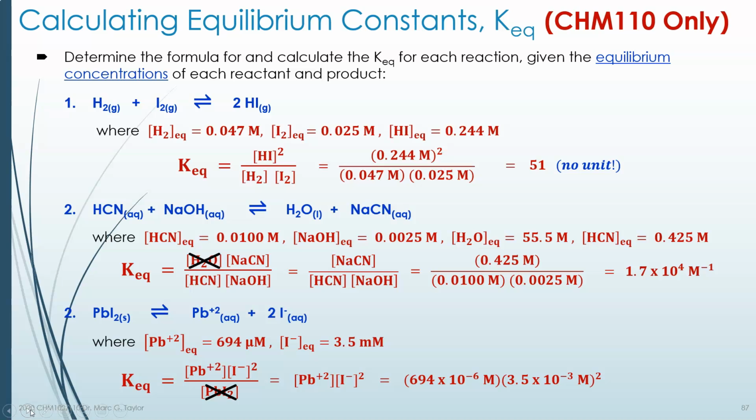And then you're going to multiply it by 3.5 times 10 to the -3 molar, because milli means 10 to the -3, and you can plug it in that way, and of course you have to square just that value. So when you type it in your calculator, I recommend you do the second number first, square it, and then multiply it by the first number so that you don't have to write things down.